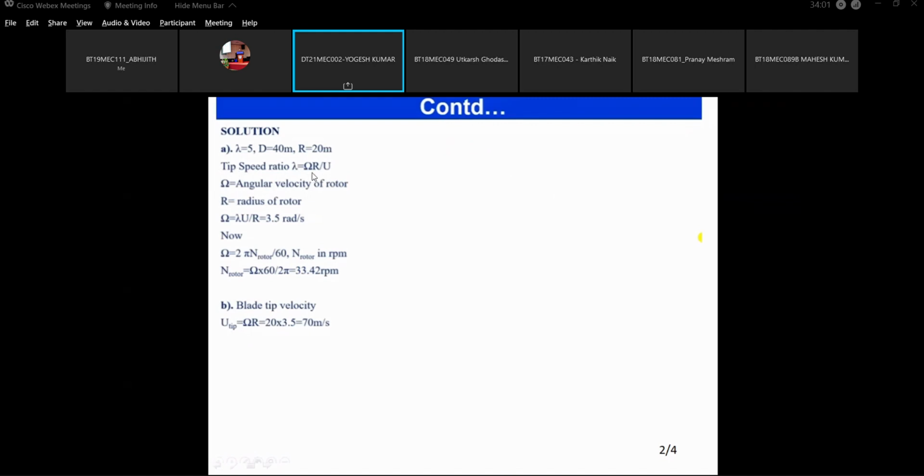So we can calculate blade tip velocity u tip equal to omega into r. Here omega is equal to 3.5 radian per second and r is equal to 20 meter. So we get u tip equal to 70 meter per second. Calculate its value and match it.